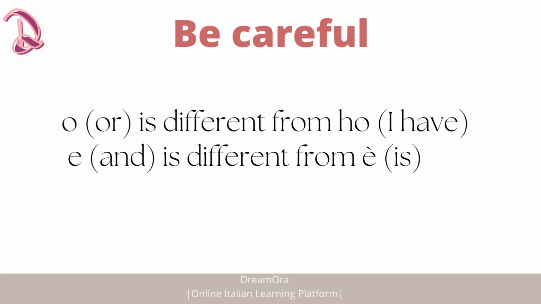Meanwhile, if you want to say he is with Lara, for example, lui è con Lara. Okay? And if you want to say lui e Lara, yeah, this means he and Lara.